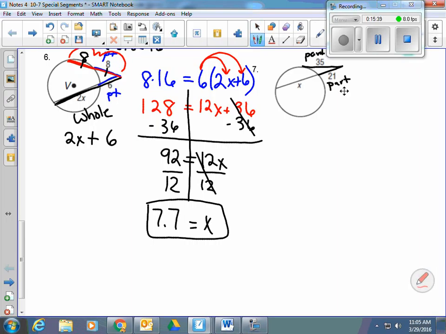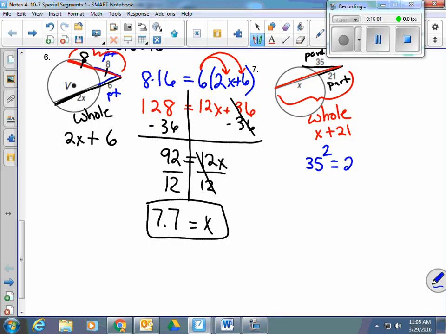And what do we call this right here? The whole. What do we have to do to get the whole? Add. What do I add? Good. x plus 21, correct? Okay, so here, do I have a whole? So what do I put? Good. 35 squared. What's my part on the bottom half? Good. And what's my whole? 21 plus x, or x plus 21.